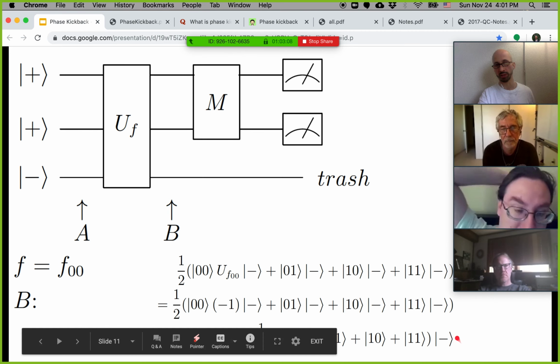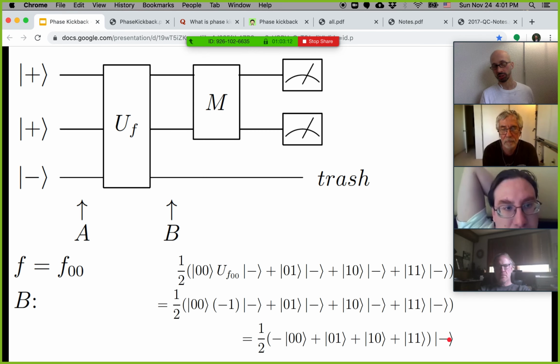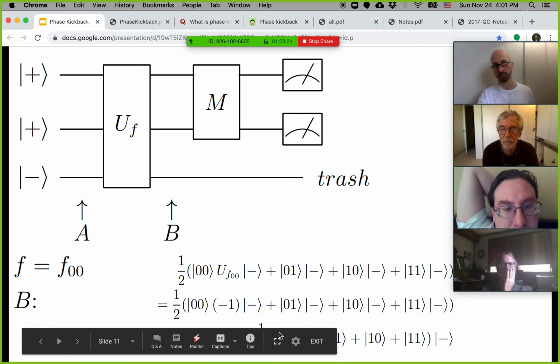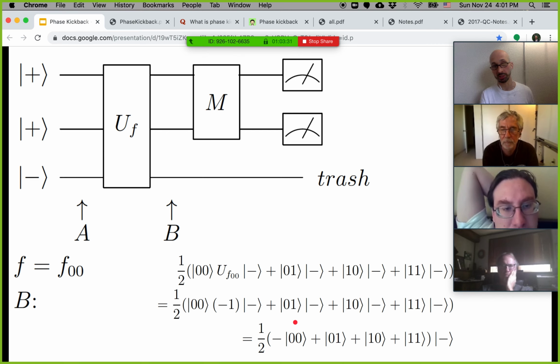I factored out minus because I can do it. So this is a fully separable state, which is, in other terms, fully non-entangled. The only change is this minus sign here. This is the result of kickback. The eigenvalue -1 got kicked into the control qubits. 2 qubits in this case.